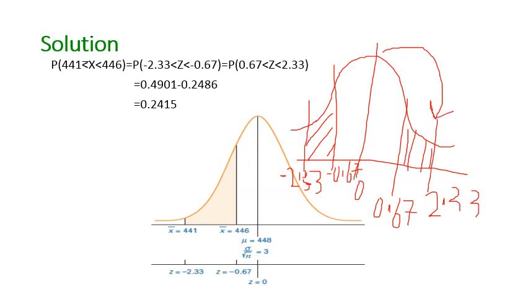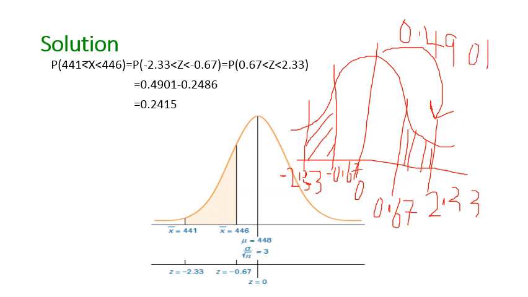I will get this area from the standard normal tables, as we will see on the next slide. The area from 0 up to 2.33 is 0.4901.